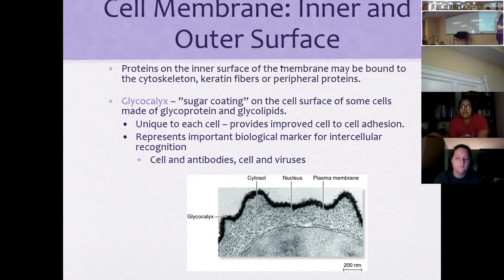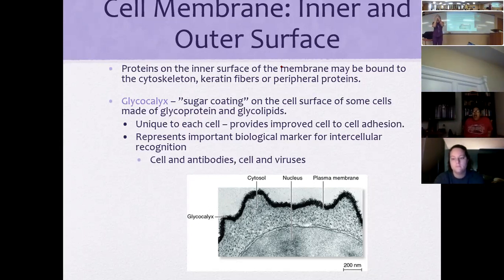Every one of our cells has this special individual unique coding. And this is what allows other cells to identify it and recognize it and say, okay, you belong. You're supposed to be here, or you don't belong, stranger danger. It's the glycocalyx, this special, unique sugar coating that is unique to the cell and allows for recognition.